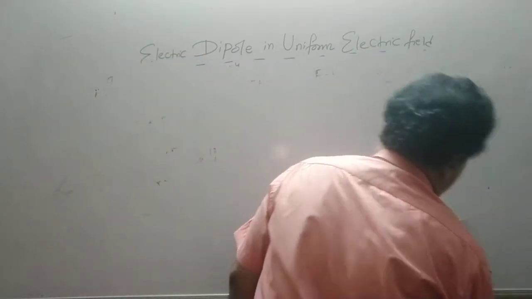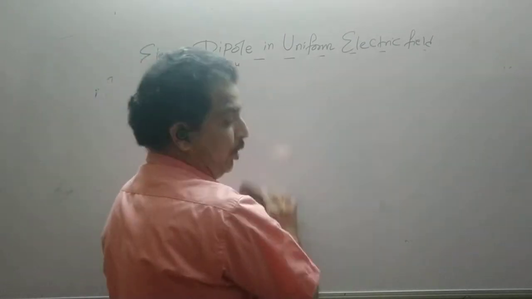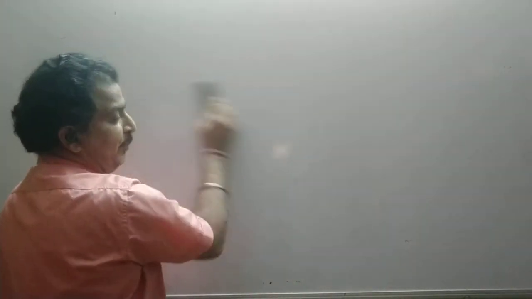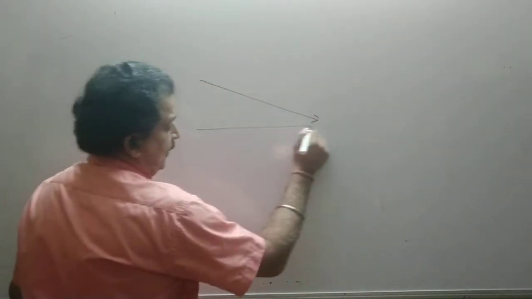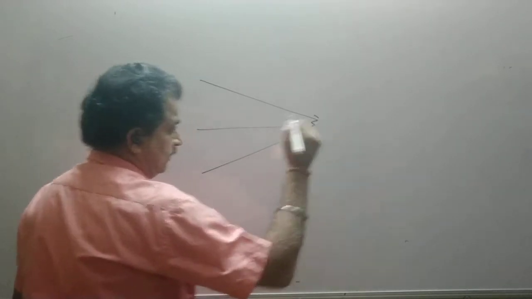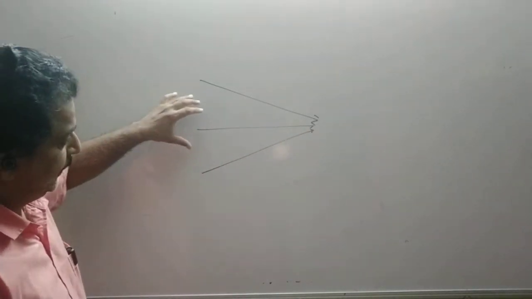Now let us see what happens when we keep a dipole in non-uniform electric field. Non-uniform electric field can be represented like this. Say, if I draw a non-uniform field, say the lines are coming closer.